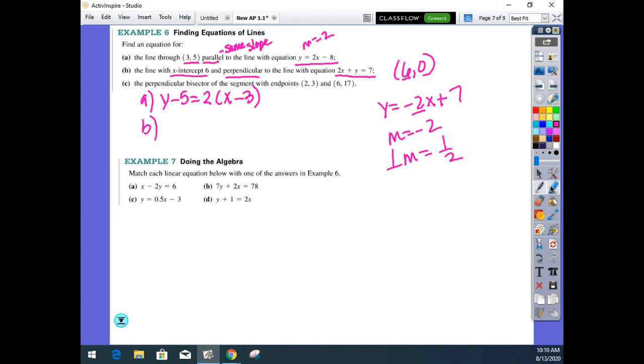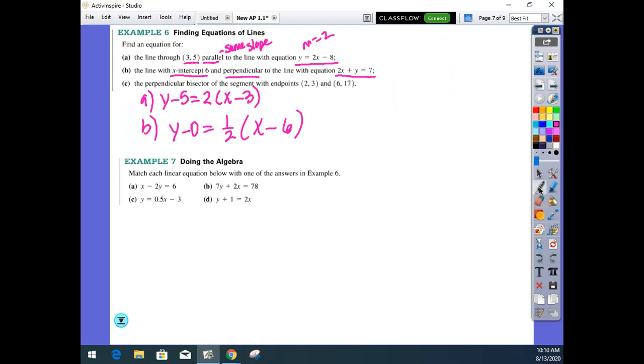I'm going to use this point and this slope: y minus 0 equals 1/2 times x minus 6. Done. Leave it alone. Opposite reciprocal. Let me get rid of this. Anytime you have to pause it or go back, do what you need to do.